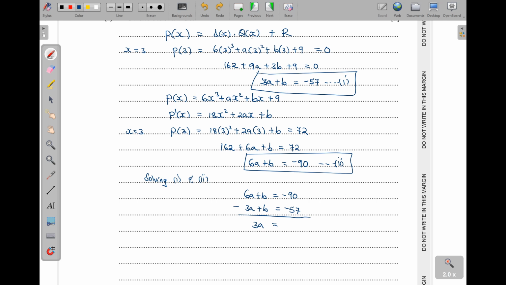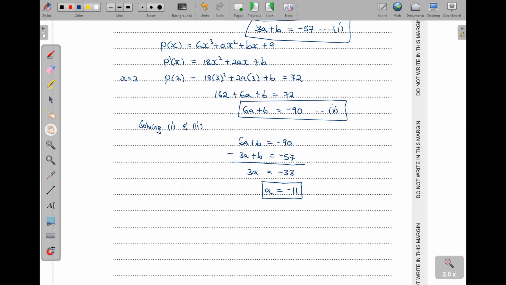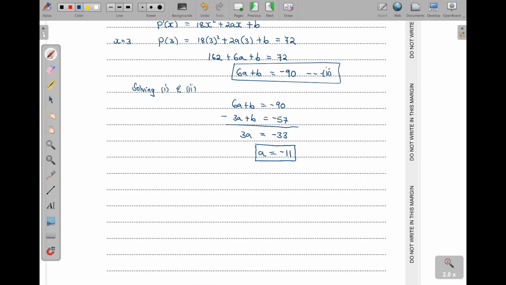Because 33 is the one you add to 57 to give you 90, it will be negative. And then a, when you divide all through by 3, you will get negative 11. Then I can substitute in either of the two equations to get the value of b.